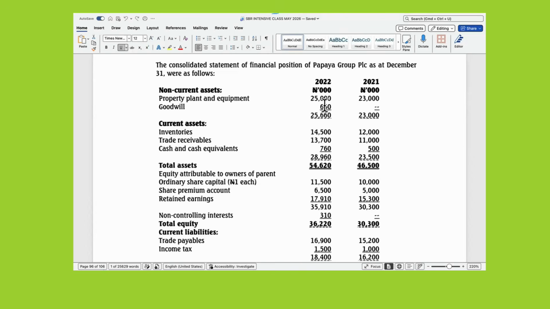Yes. That's profit before tax minus our finance cost, right? Yes. But like this question, we are not given finance cost. So we just use the profit before tax and continue. Yes. Okay, thank you, sir.